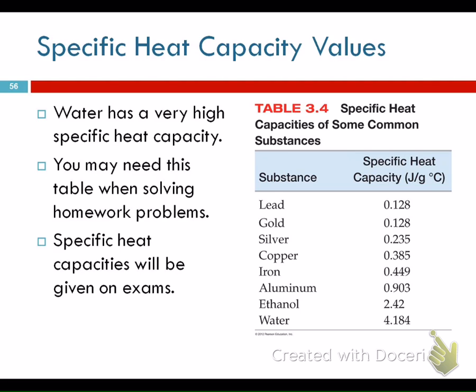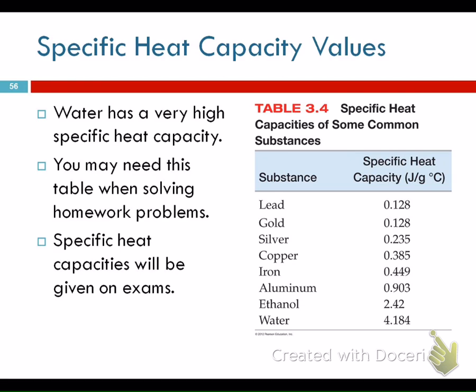Here's lead, right? You notice that specific heat is very low, 0.128. And same as gold. That's interesting. But if you look at the specific heat units, it's joules per gram degree Celsius change. It doesn't say change, but that's what that is.